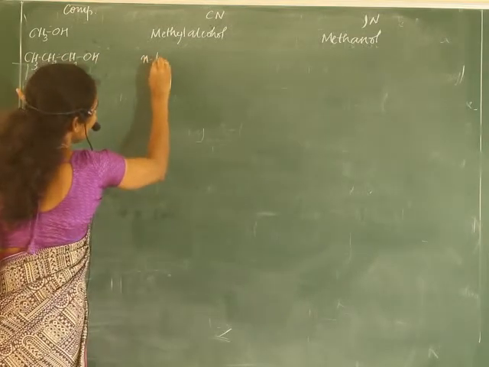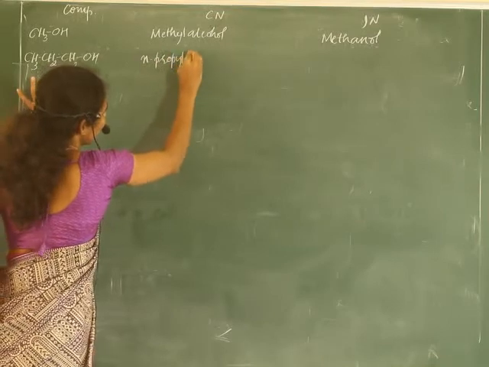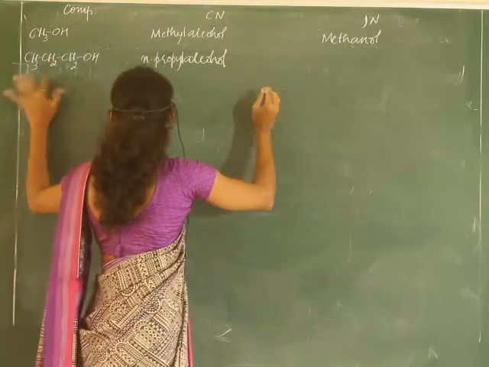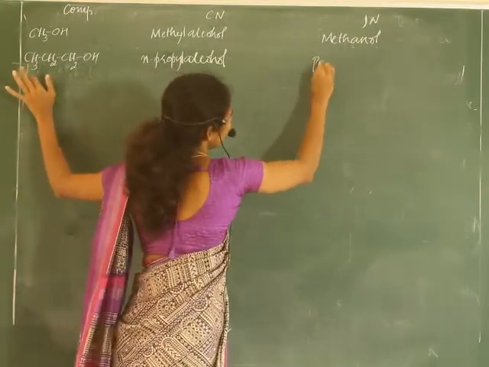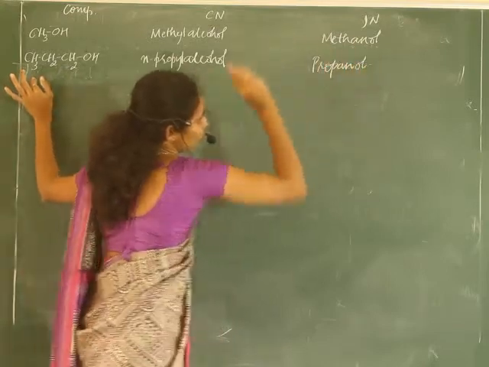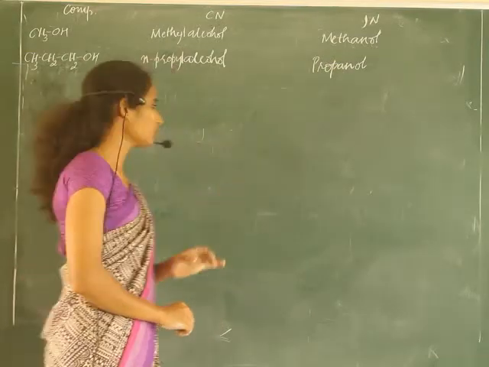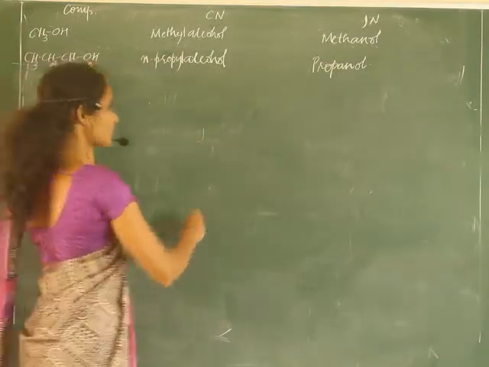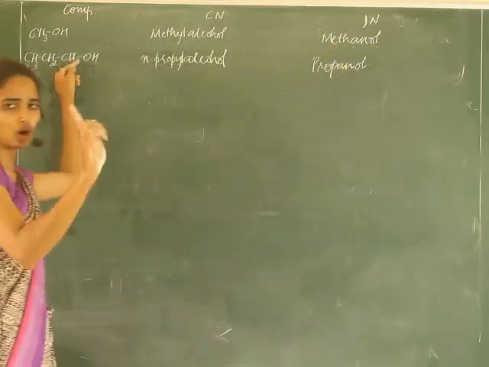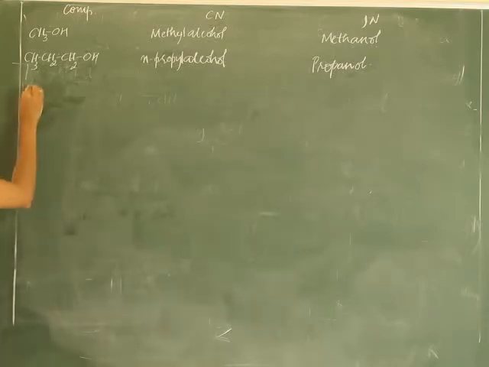Hence it is n-propyl alcohol. And the IUPAC name is propanol, right? Propane with E replaced by ol, propanol, or propan-1-ol, one and the same. The OH group is present in the first position, hence no need of mentioning propan-1-ol as such.